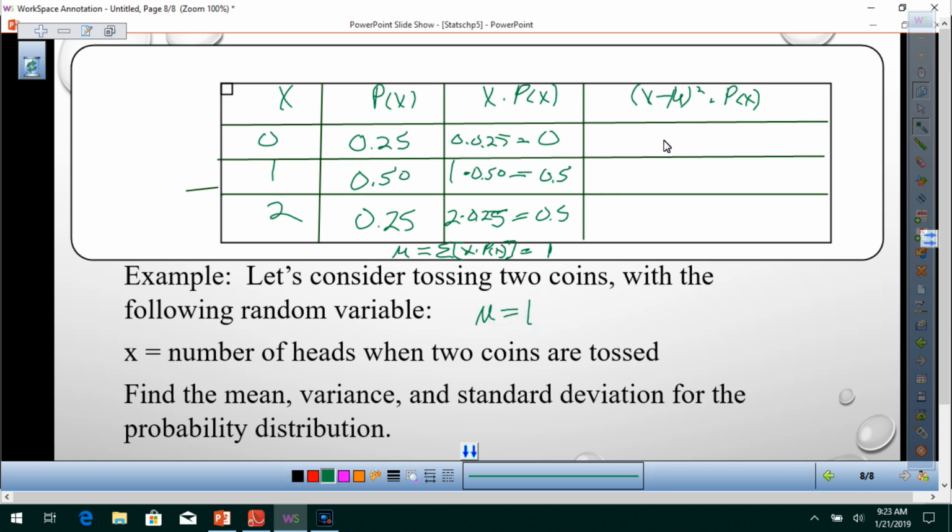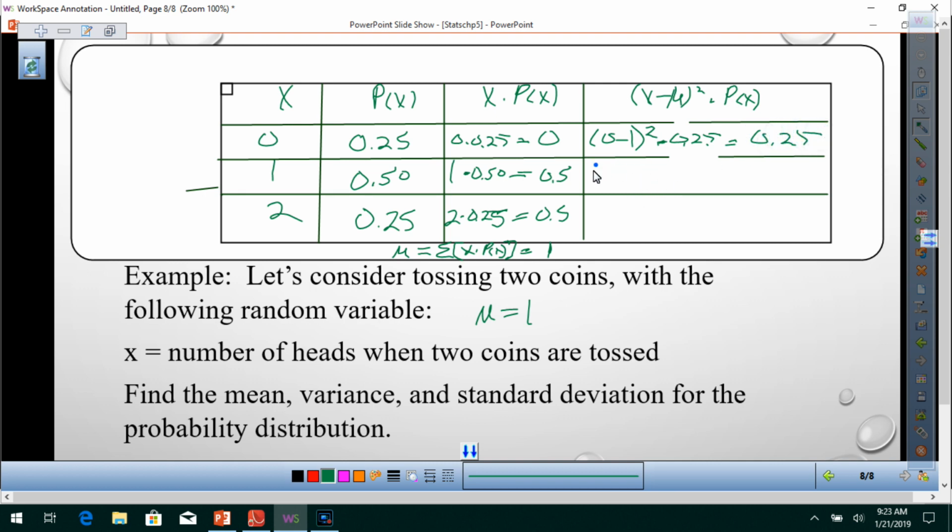Next, okay, so what do we got? We got 0 minus 1 squared times p of x. Well, that's going to be negative 1 squared times p of x. What do we got? 1 times 0.25 equals 0.25.